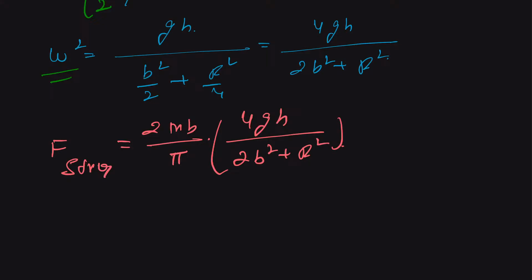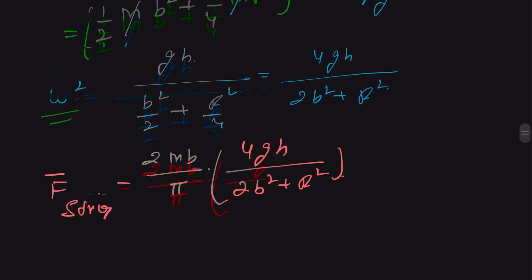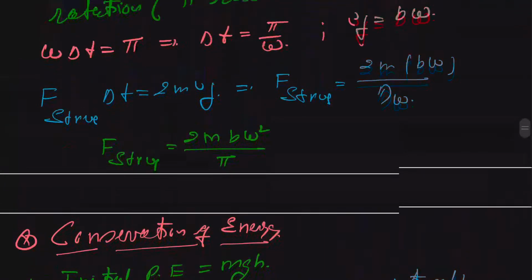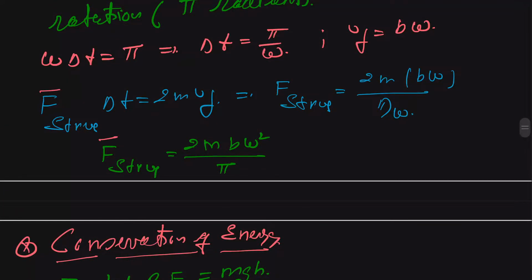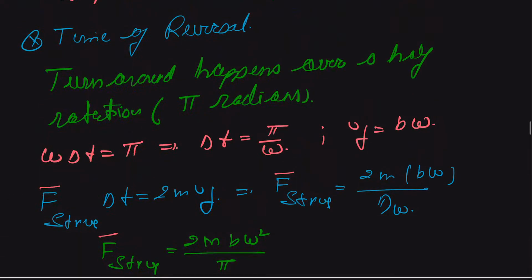So this is our value of the average force. The only tricky part is about this half rotation, and that half rotation is going to take place within a fraction of time, that is delta t.